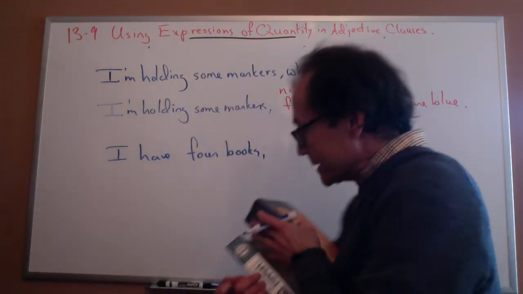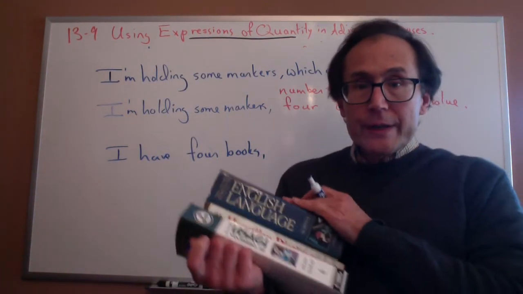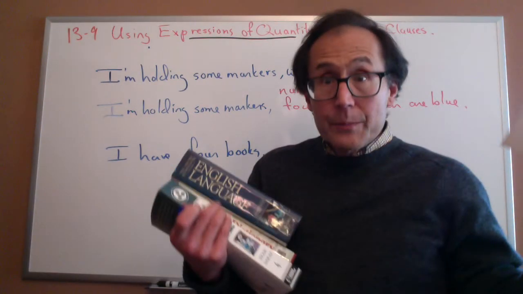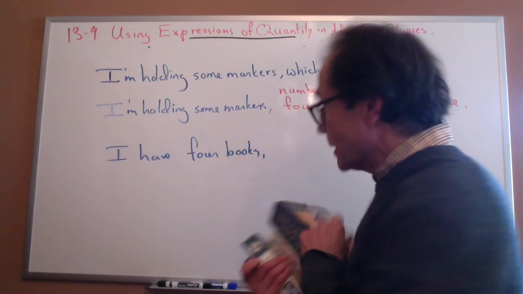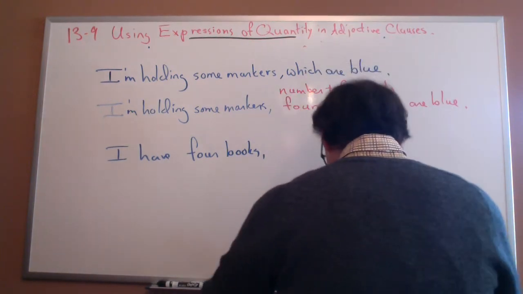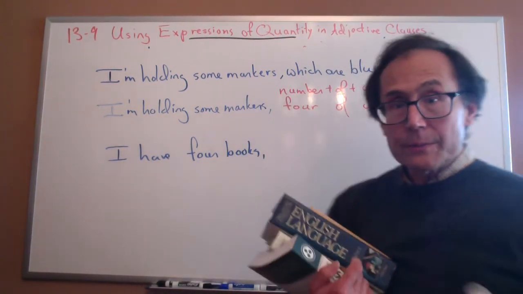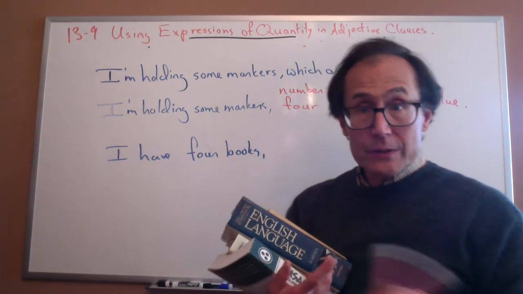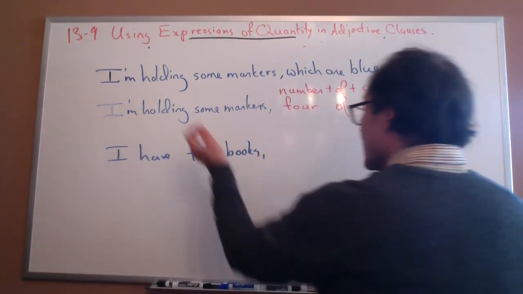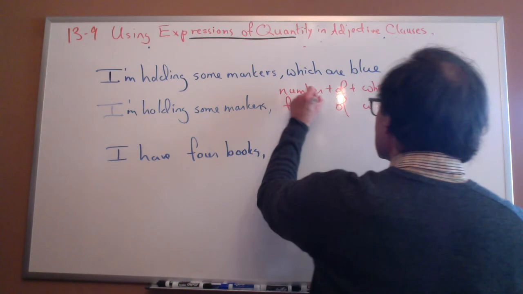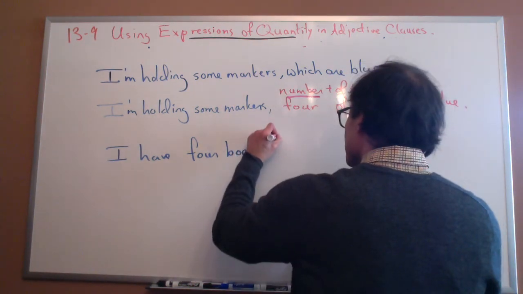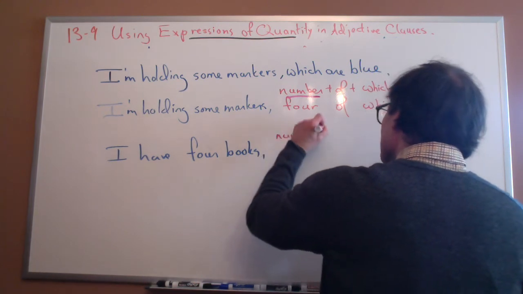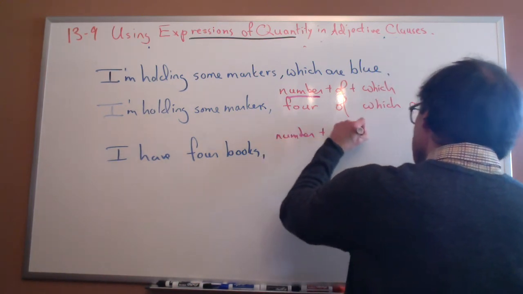And then I want to say 3 of them are big. 3 are big, 1 is small. So, again, if I want to say how many books are big, then I'd say, again, number plus of plus which. I have 4 books, and I'll write number plus of plus which.